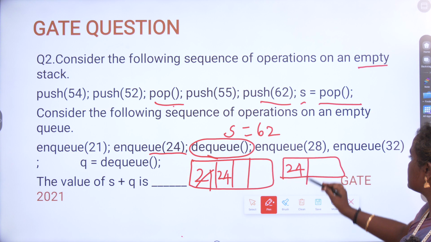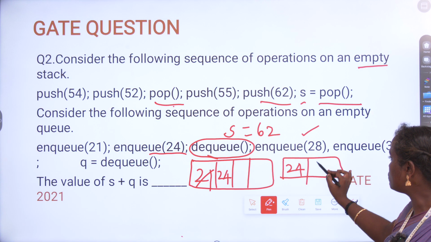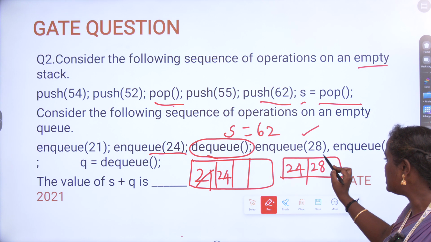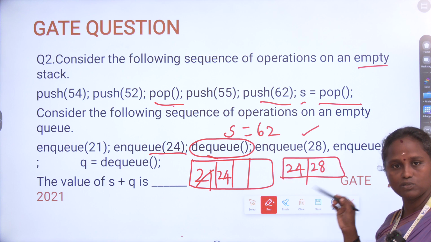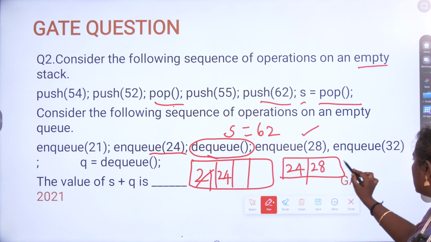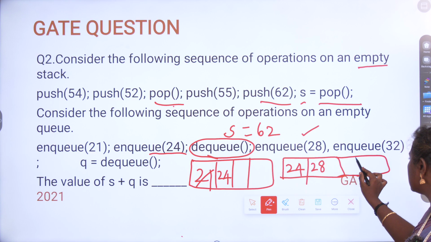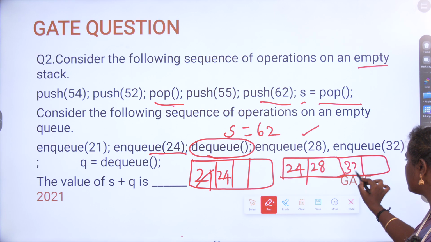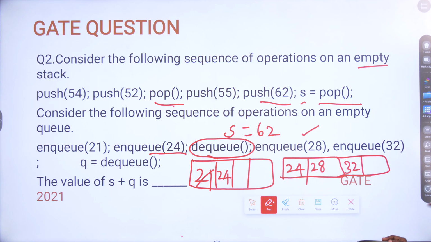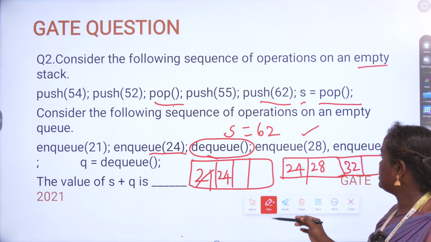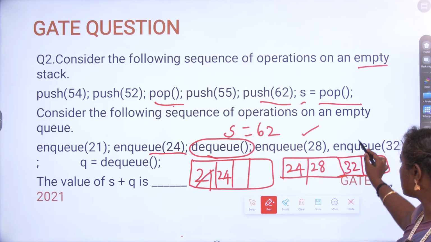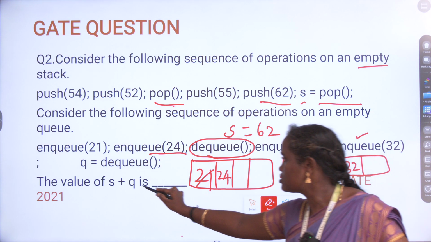So just think that in the queue now we are having only 24. Okay, so what's the next thing they have given? Again NQ28, which means we have to insert the element 28 onto the queue, followed by again they have given that in the queue we have to insert the element 32. Clear? Okay, now see what they have given here. Now what's the next operation? This is also completed, right? So what's the next operation?